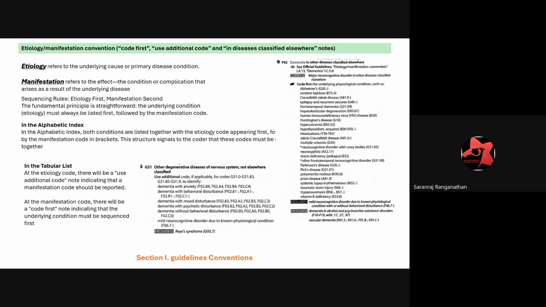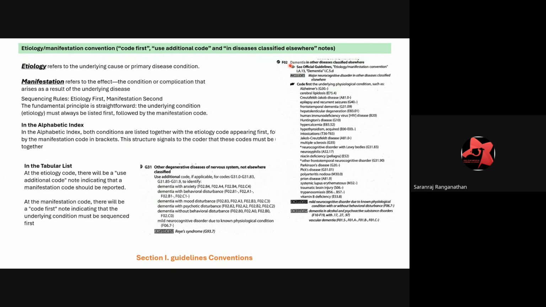If you see both F02 and G31, in both places you will have the indication telling you to code first or use additional code. When I am using G31, I need to go for the additional code. Let me take the cursor. Here the F02 series will be coming. So I need to use an additional code when I am using G31.